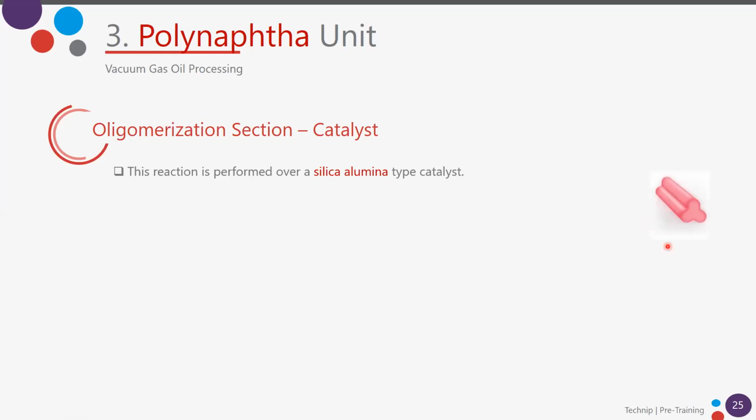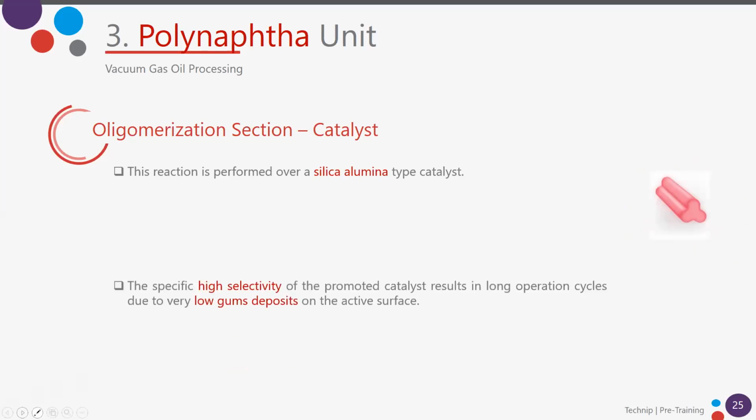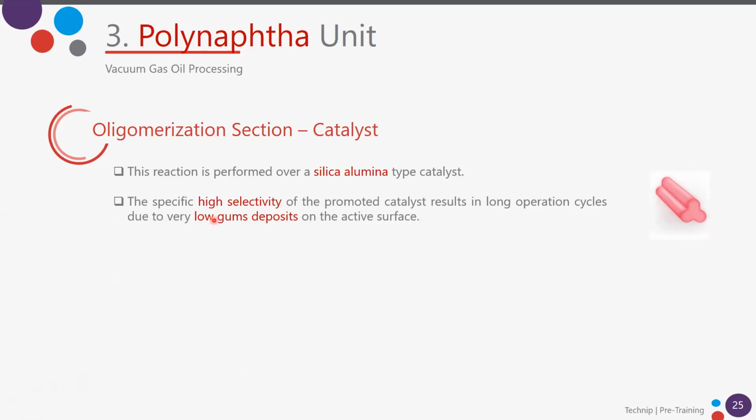This is the shape of the catalyst that we will use in this section. The specific high selectivity of the promoted catalyst results in long operation cycles due to very low gums deposit on the active surface. We'll see later what is gum. We will see the definition.